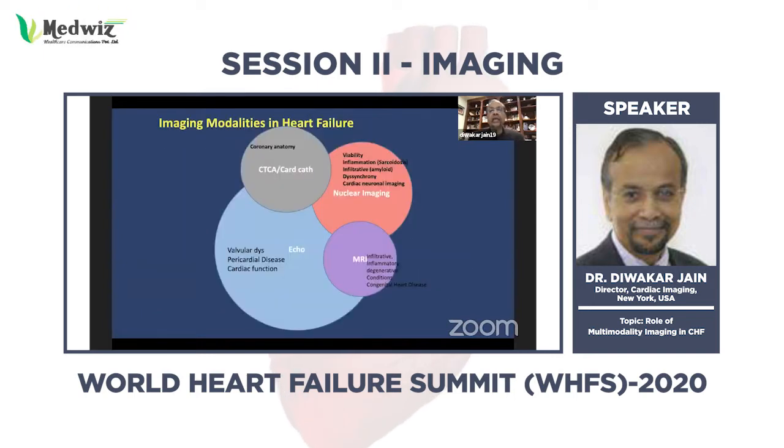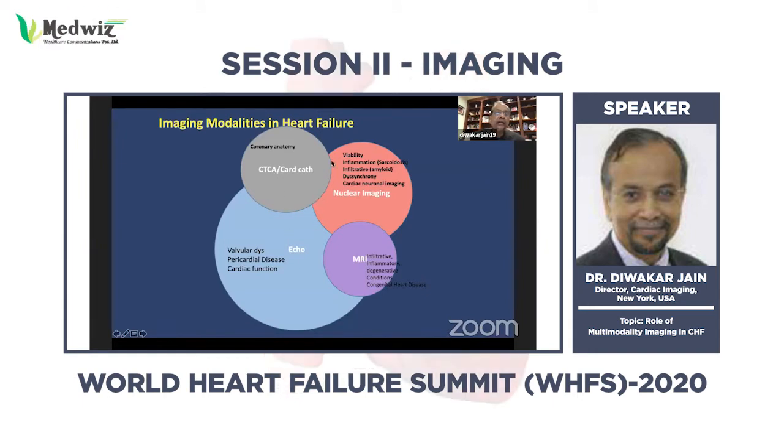So this cartoon is a diagrammatic representation. Now, these are not up to scale. These are the major imaging modalities available to us: echocardiography, nuclear imaging techniques, magnetic resonance imaging, cardiac catheterization, and non-invasive coronary angiography.